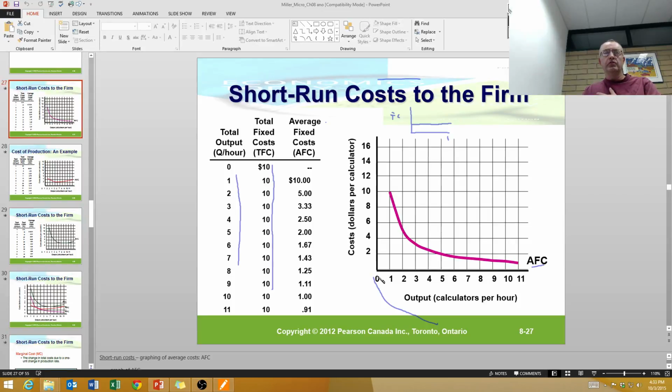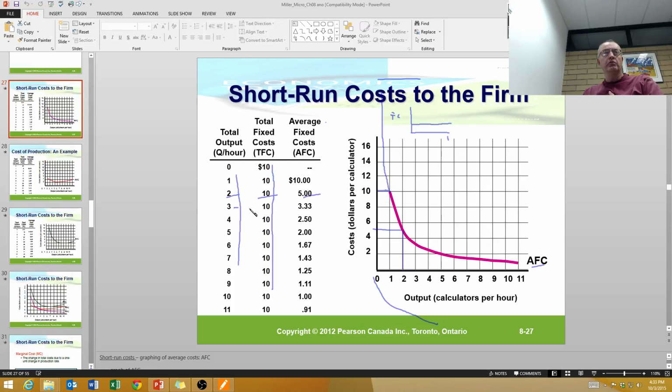If we produce 0 units, I guess I don't calculate for 0, it goes infinite. If we produce 2 units, total fixed costs are $10, so average fixed cost per unit is $5.